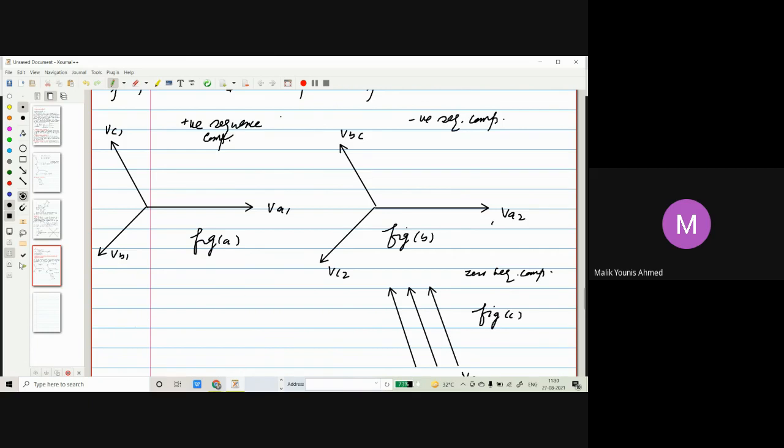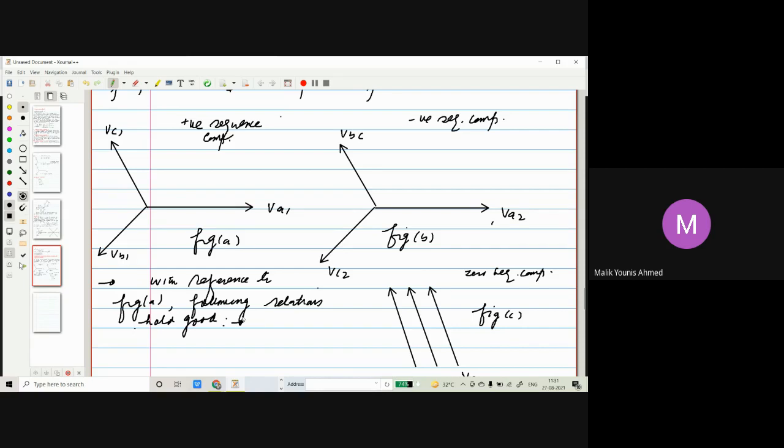Now here, if I want to write, with reference to figure A, the following relations hold good.